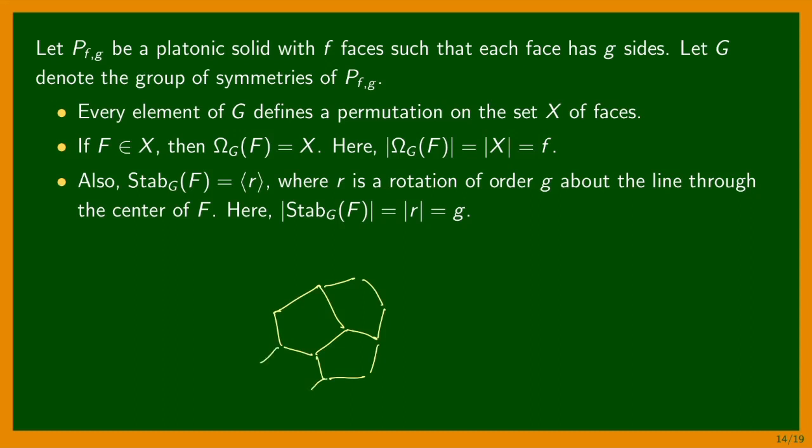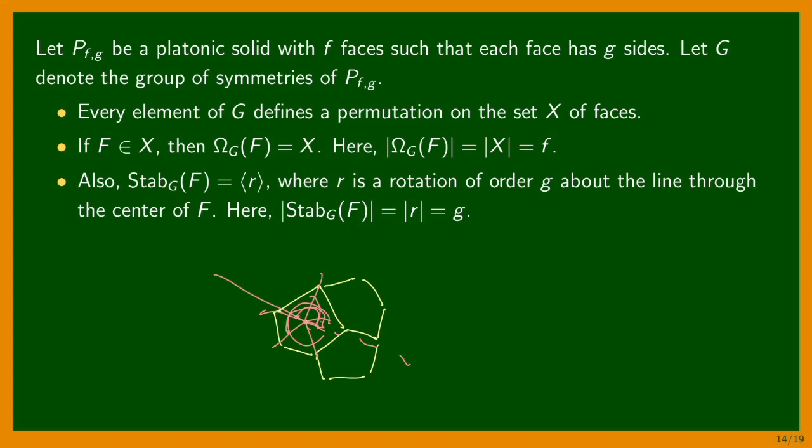Ano yung mga symmetries that fix this in its place? 5 rotations lang: yung identity, 72 degrees, 144 degrees, 216, tsaka 288. Kaya nga, actually, yung stabilizer ng f is a cyclic group generated by R.